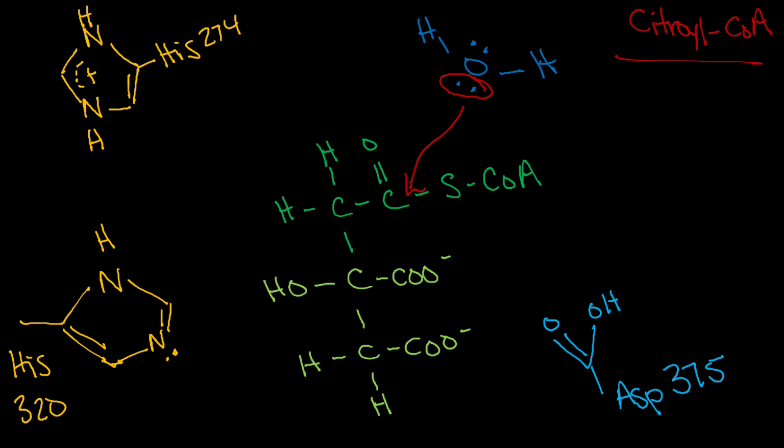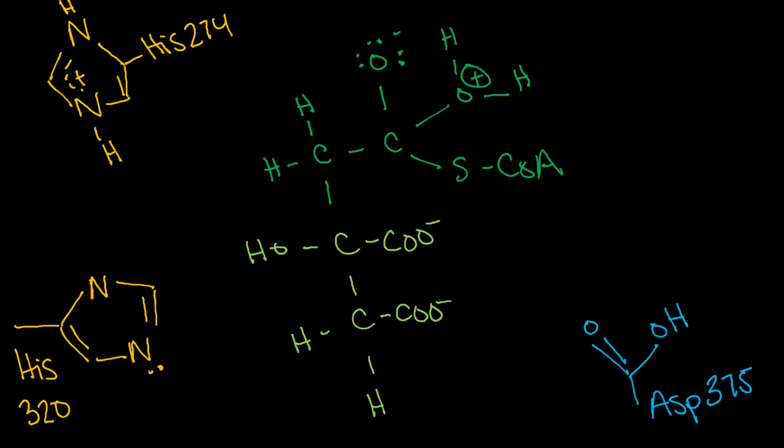That will cause one of the lone pairs to go to oxygen. So oxygen will once again gain that negative charge. It will have that extra lone pair. So here we can see that H2O molecule has bound to the carbon. Oxygen has gained a negative charge. This molecule is highly unstable, and this step occurs very quickly.